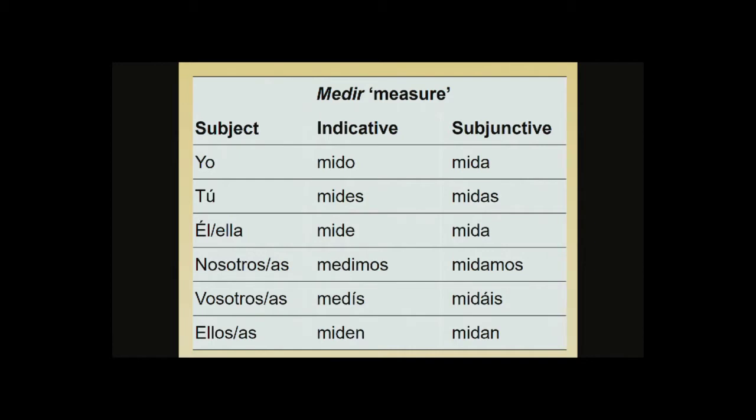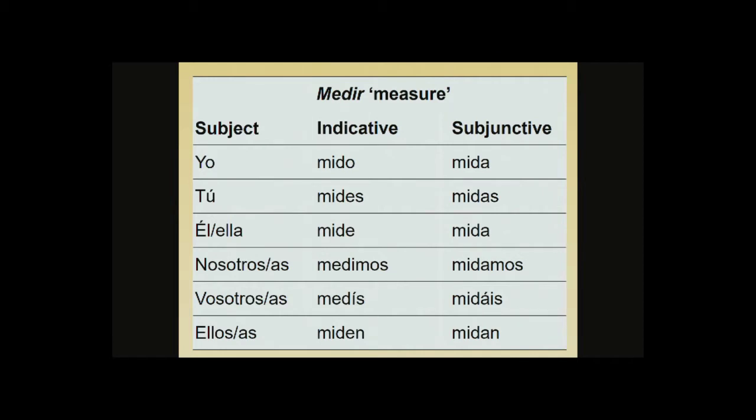How many of you would have known that it's midamos and midáis as opposed to medamos and medáis? Or if we take another verb, pedir, how many of you would have known that it's pidamos and pidáis? Some of you? Very good. Well, if you did know that, excellent. That's quite a tricky detail to remember. Anyway, now I've said it, try to remember it.